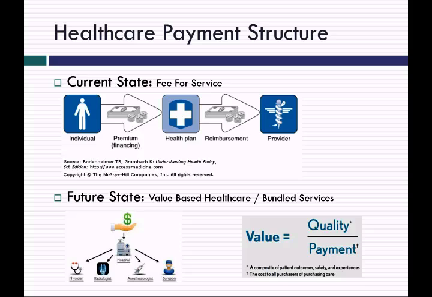One way to do this would be to incorporate the use of what are called bundled services, which we'll talk about later in this course, where an insurance company or health plan will provide a certain amount of money to a provider system, like a hospital, to provide all of the services that relate to any given diagnosis or condition of a patient through their whole episode of care.